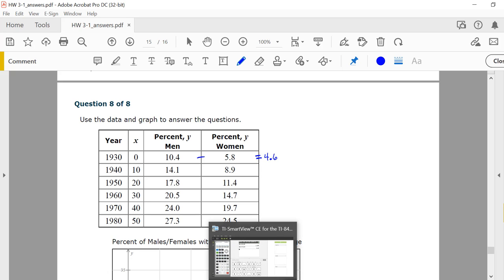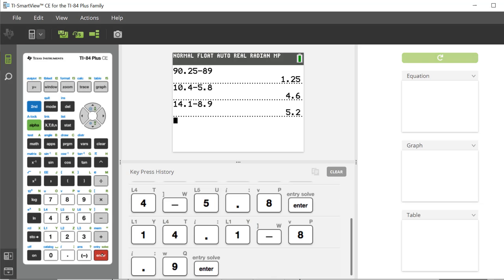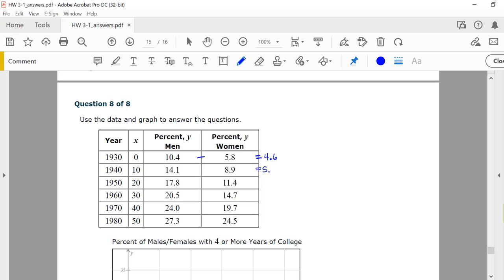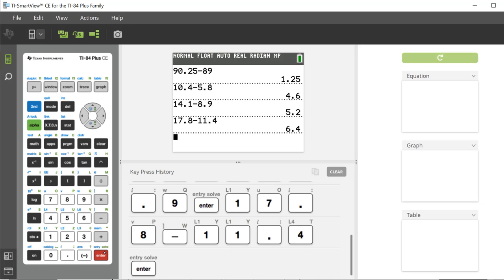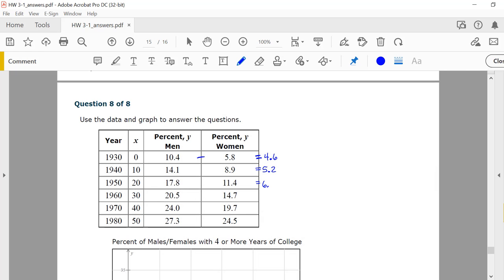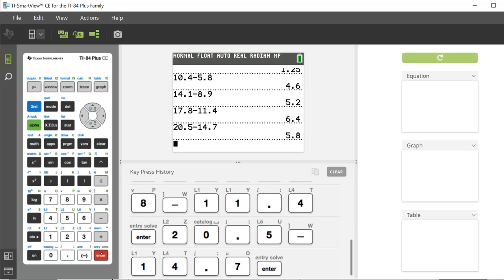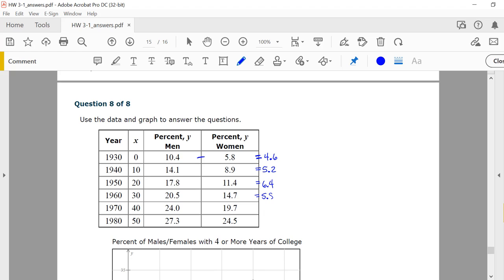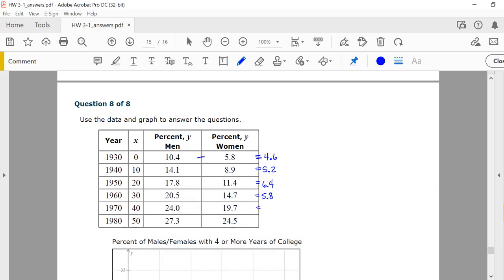And then 14.1 minus 8.9 is 5.2. 17.8 minus 11.4 is 6.4. 20.5 minus 14.7 is 5.8. 24 minus 19.7 is 4.3.